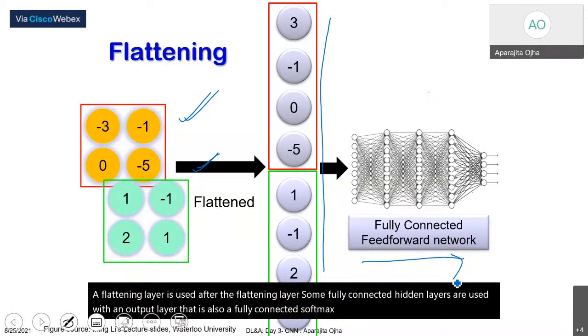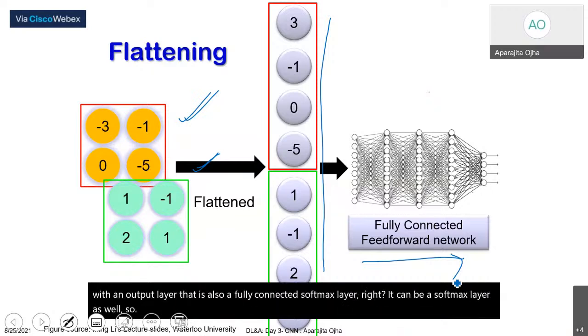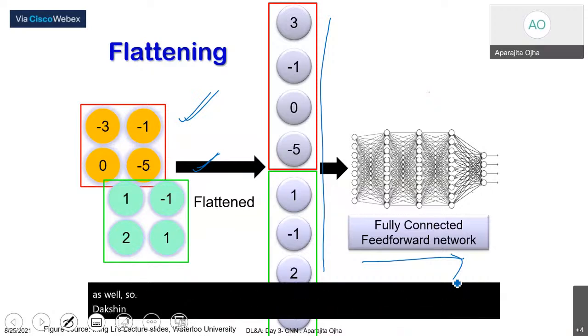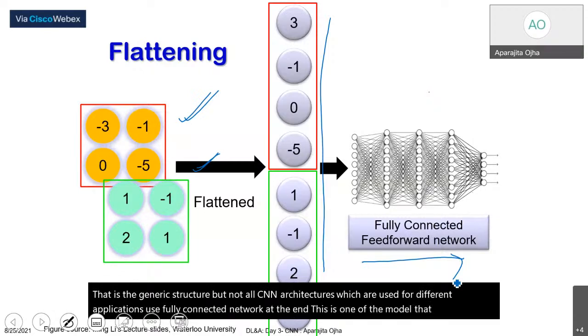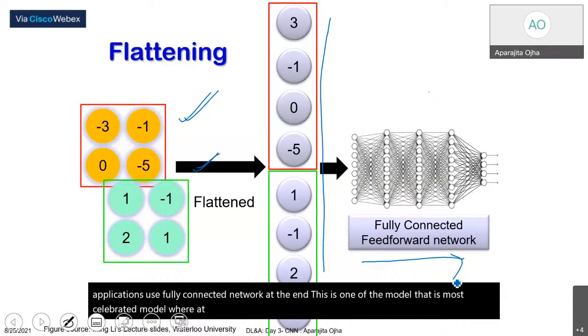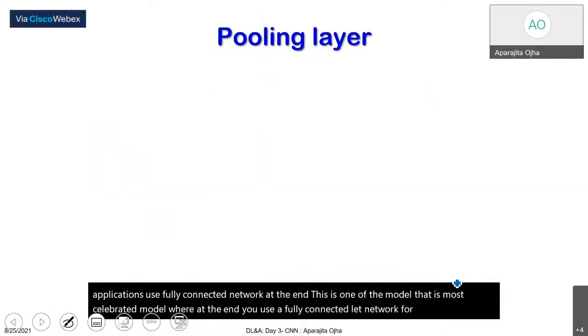So the CNN architecture also uses a fully connected network at the end. That is the generic structure, but not all CNN architectures used for different applications use a fully connected network at the end. This is one of the most celebrated models, where at the end you use a fully connected network for a specific class of problems.